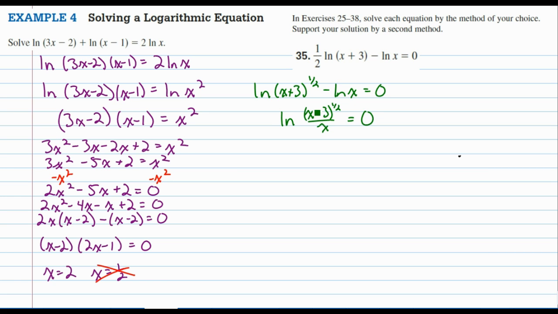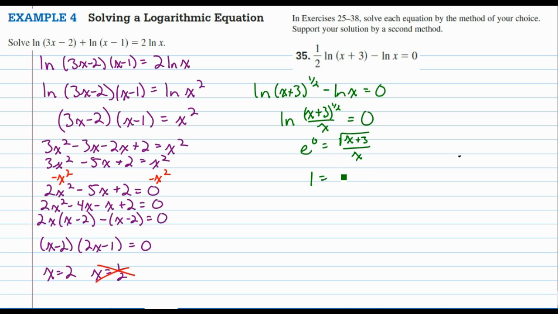Now, as you can see, what I've done here is I've combined 2 logs into 1, and I get the natural log of x plus 3 to the 1/2 all over x equals 0. So a way for me to change this would be to change it to exponential, so e to the 0 equals, well, that's the square root of x plus 3 over x.